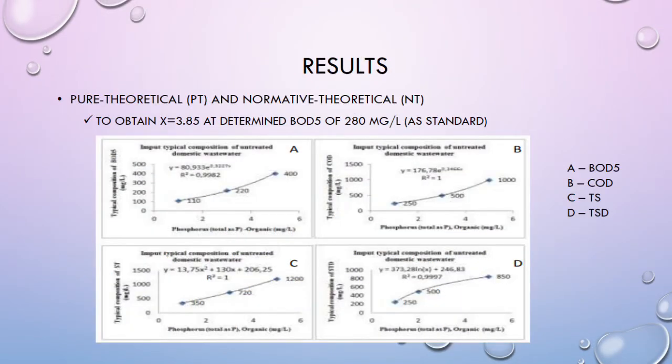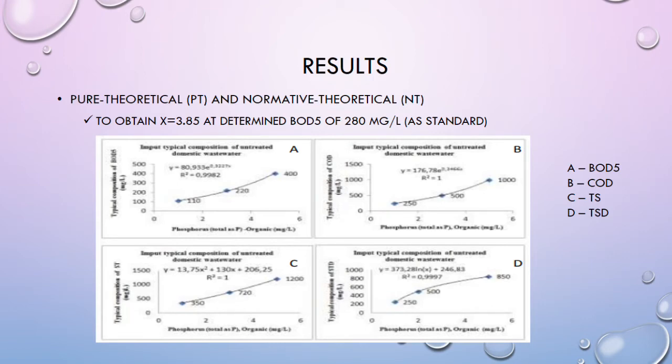Next is results. For the P group, they were acquired and calculated for two different situations, which are pure theoretical (PT) and normative theoretical (NT). For pure theoretical, the study used the proportion of total organic phosphorus to obtain an exponential equation, such as x equal to 3.85.